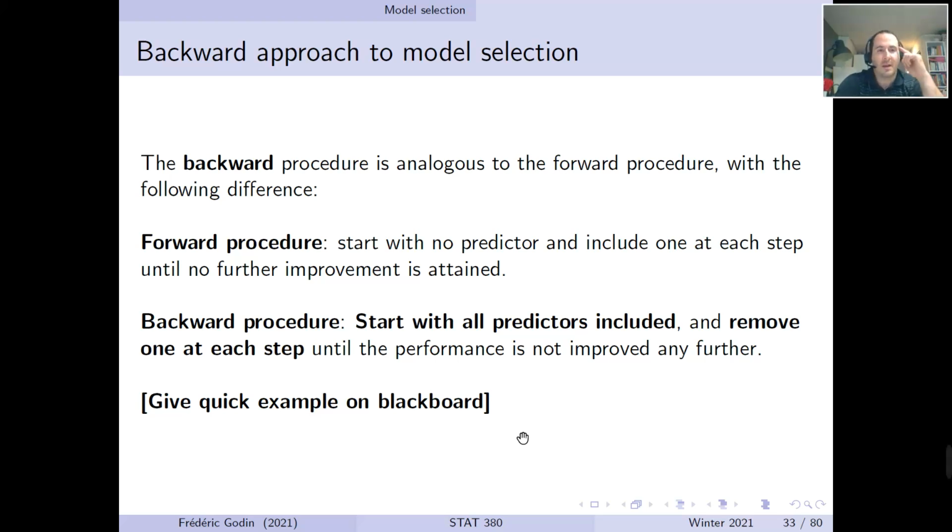Okay, just to make something clear, you might be thinking, if I'm dropping a parameter, shouldn't it always decrease the performance? Well, if you use in-sample MSE as performance, then yes, so you would never drop parameters.